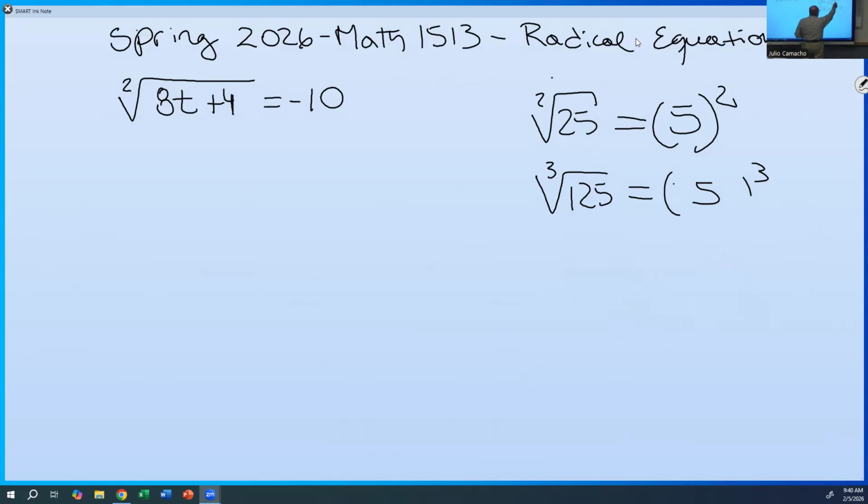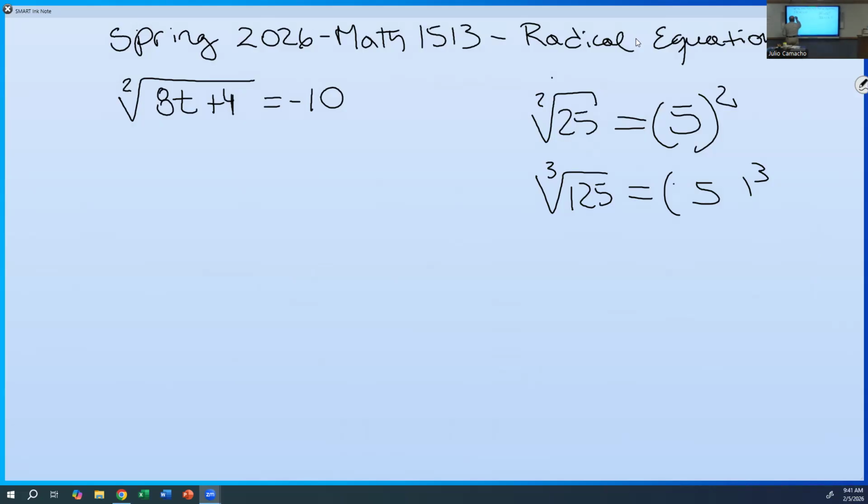Raising a number to the second power cancels the square root of a number, or vice versa, taking the square root of a number cancels raising it to the second power. Both operations are opposite. Everybody understand that?